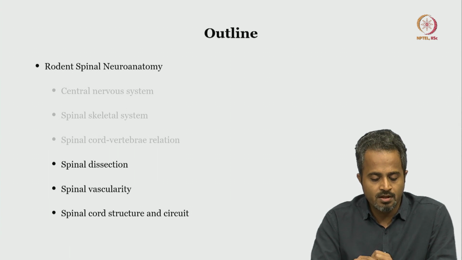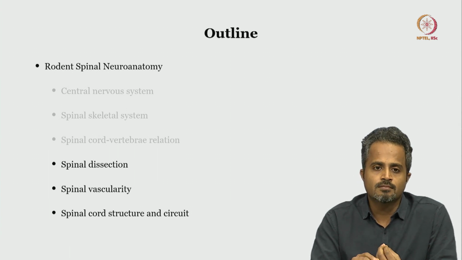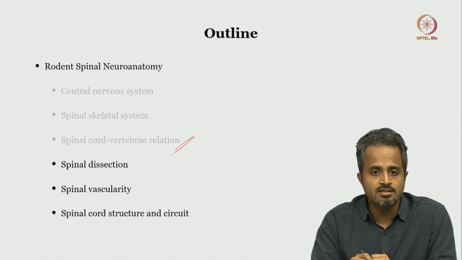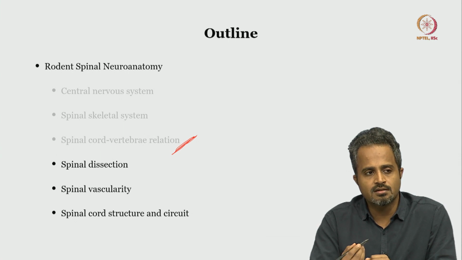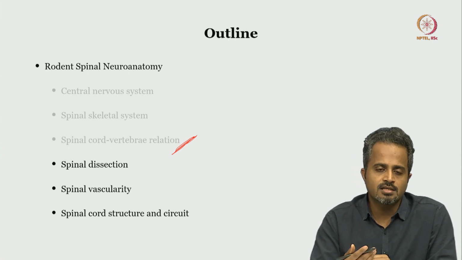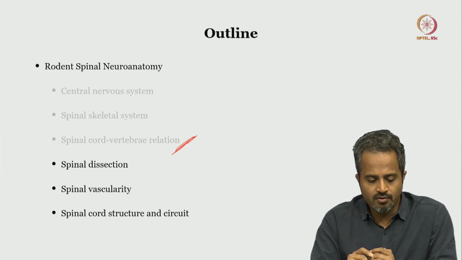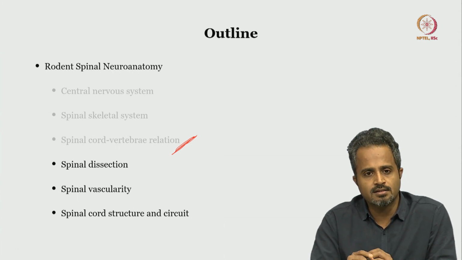And then we saw how the spinal skeletal system envelops the spinal cord and protects it, what layers we need to excise or reveal in order to approach it, and more importantly the spinal cord vertebrae relation, as to how each spinal cord segment is in relation with the different vertebrae. So with that we have covered the majority of the skeletal system.